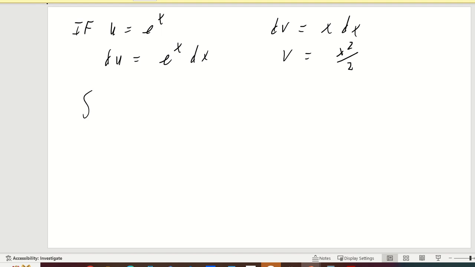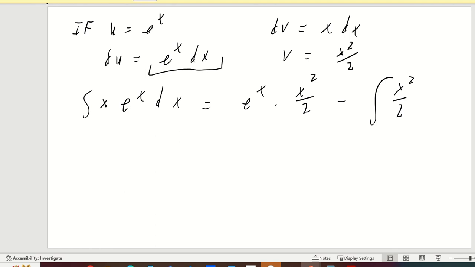So then we apply the formula for the integration by parts. The integral of x by e to the x dx would be equal to u, which is e to the x, u by v, which is x squared over 2, and then we subtract the integral of v du, which is x squared over 2, and du is equal to e to the x dx.